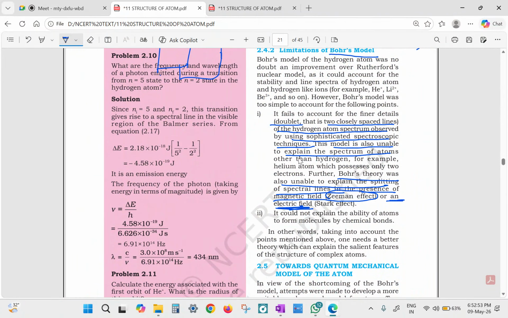This model also was unable to explain the spectrum of atoms other than hydrogen. For example, the helium atom, which just possesses two electrons. It became very complicated, and I told you why it became complicated for helium. There are many forces to talk about: electron repulsion, proton repulsion, two electrons attracting two protons, two protons attracting two electrons.